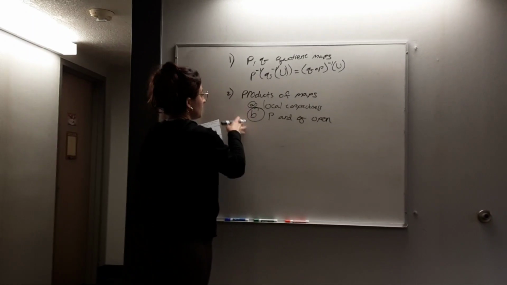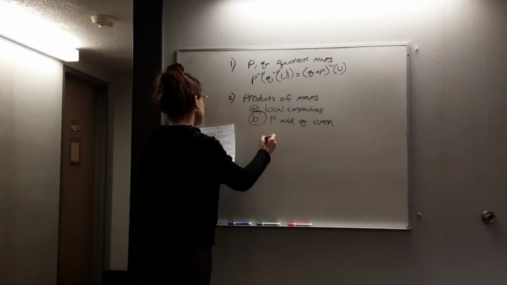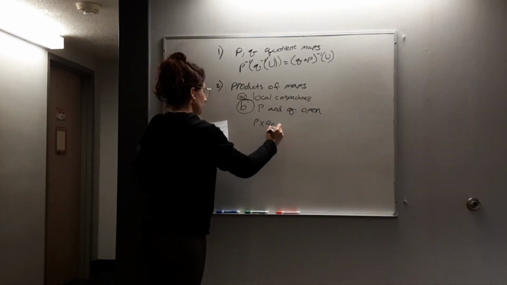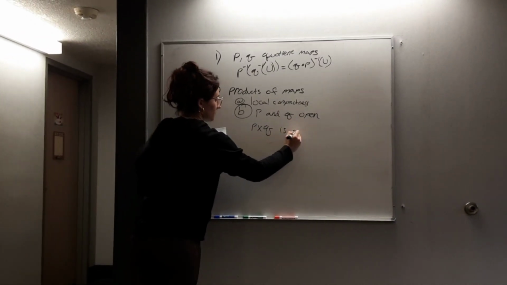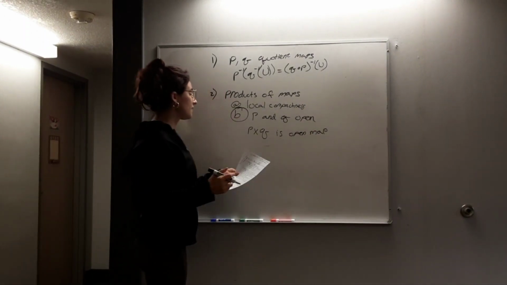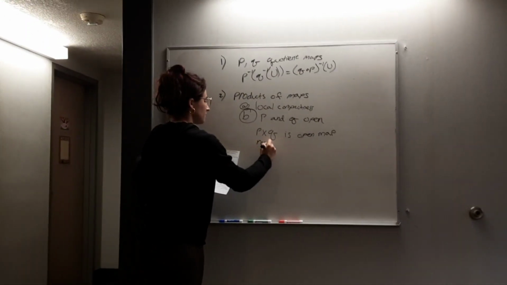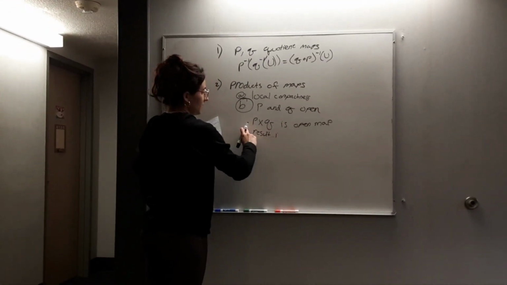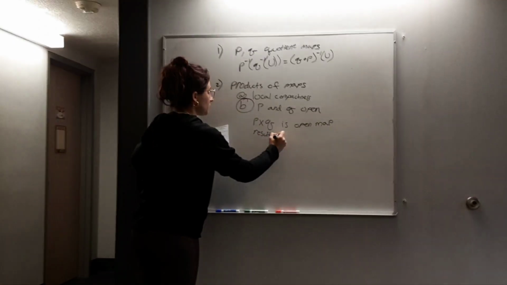Once we have these two conditions satisfied, then we can easily see that P cross Q is an open map. And the result is that the product of P and Q is going to be a quotient map.